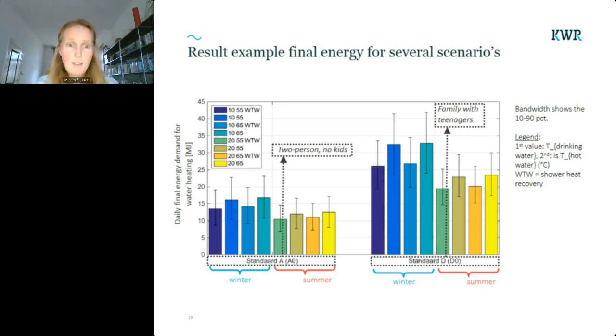So it could happen that a family that is more or less the same, but behaves a little bit differently in one house, and their neighbors in the house next door, one of them has a shower heat recovery and the other one doesn't, that the one that doesn't have it can still be using less energy. That's basically what those error bars indicate, because people behave a little bit differently. They take shorter showers maybe, or more one after another, so there's less heat losses.